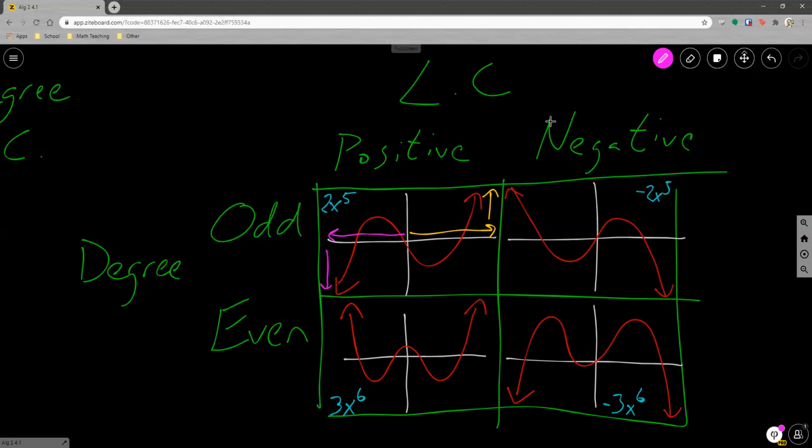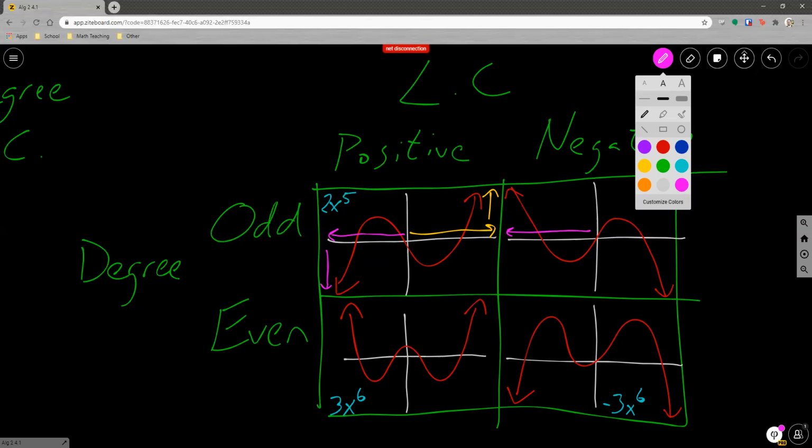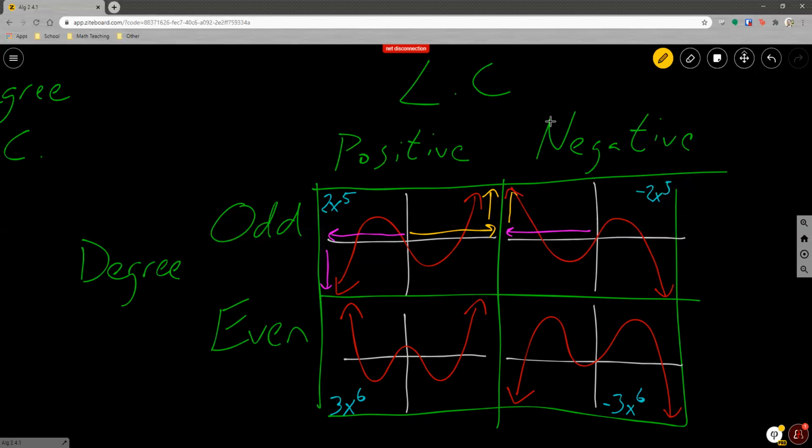With an odd degree and a negative leading coefficient, as my x values go towards negative infinity, my f of x values go towards positive infinity.